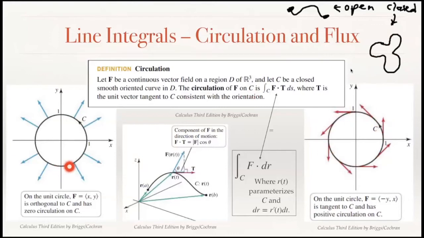Whereas over here, the circulation would be 0 because this vector field has no contribution going either left or right at any point.